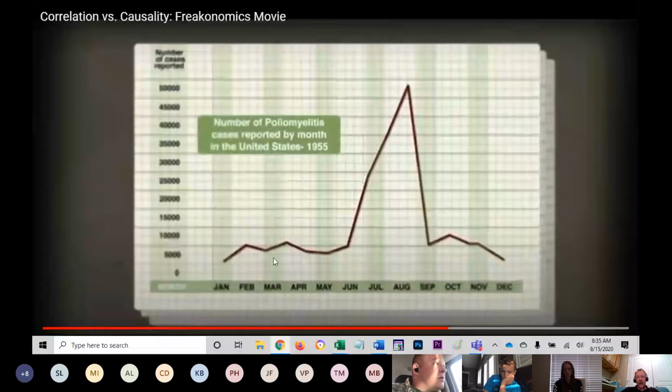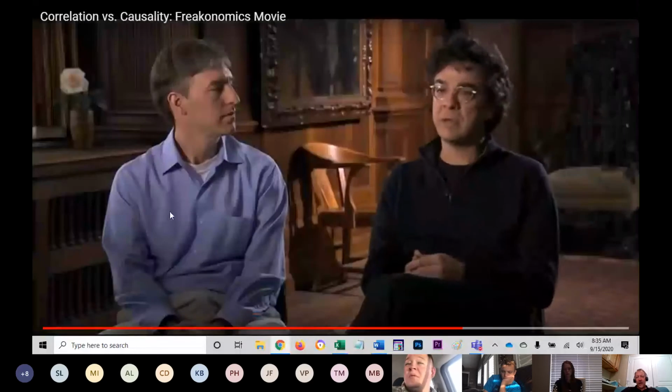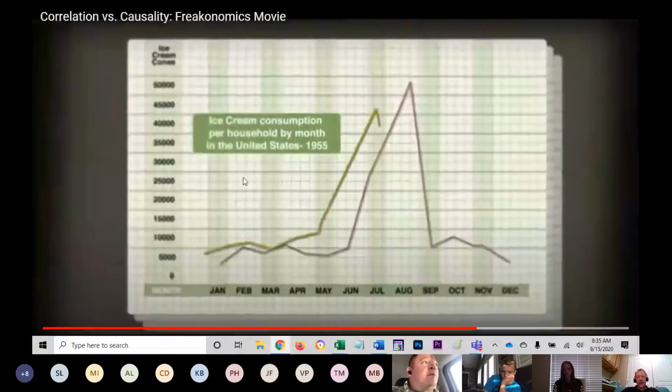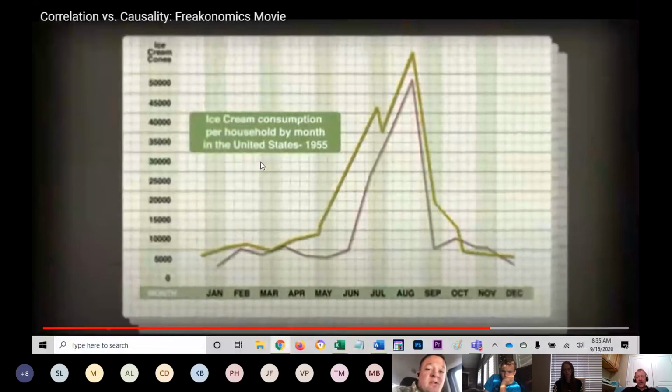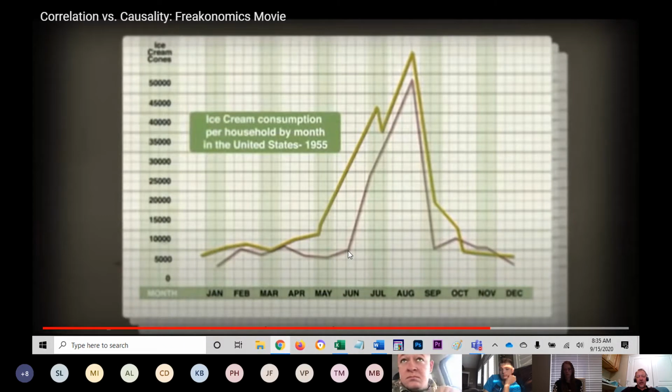And you can see these are number of polio cases that happen in the summer. And I'm going to pause this right now. And so this is ice cream sales, okay? Now, once again, this is an example of a nonlinear correlation, but you can see it does appear that there's a strong correlation that the more ice cream that we eat, that's the green line, the more polio cases we have, okay?